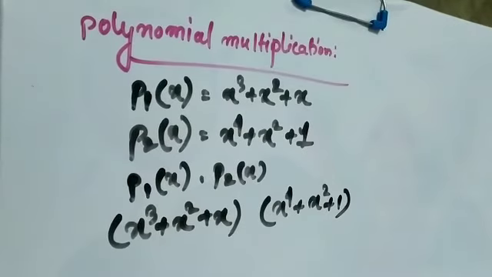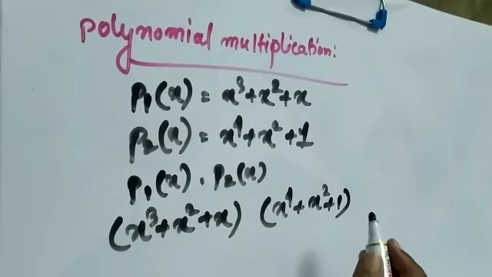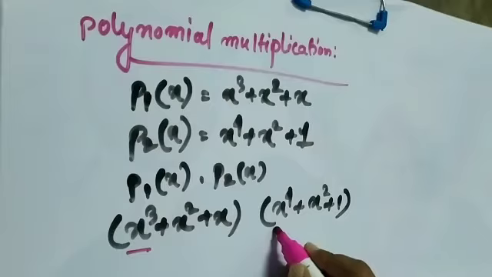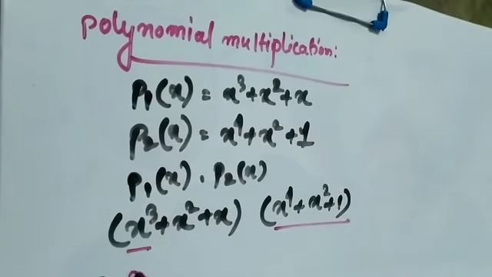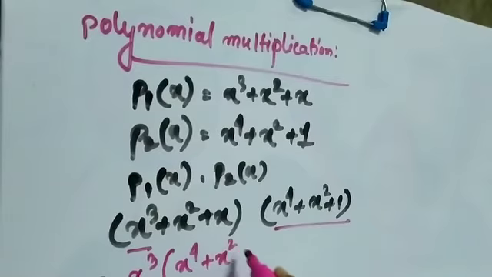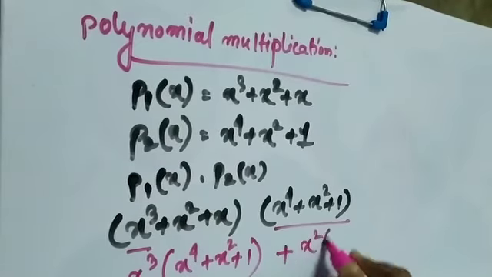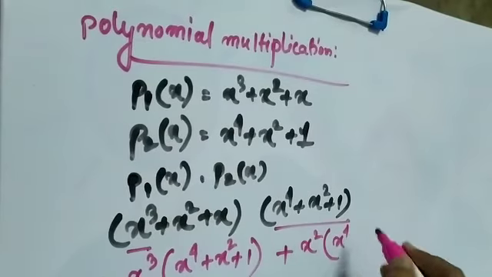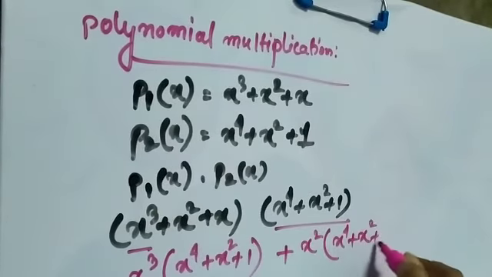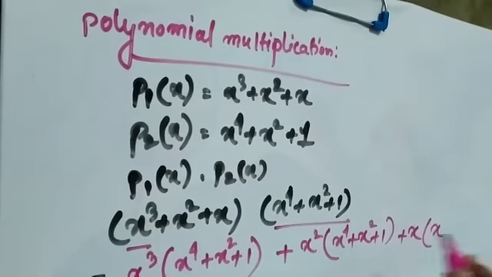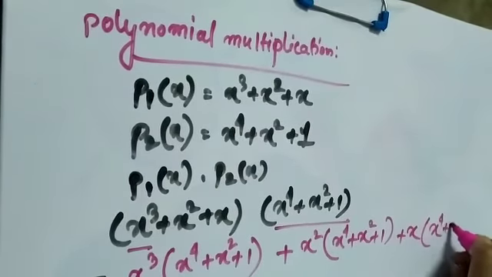Then we have to multiply each bit by the other. So first, x cube is multiplied by the whole second polynomial. Second, x square is multiplied by the whole second polynomial, and x is multiplied by the whole second polynomial.